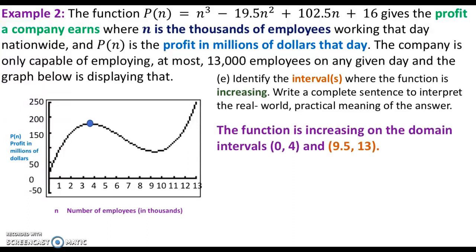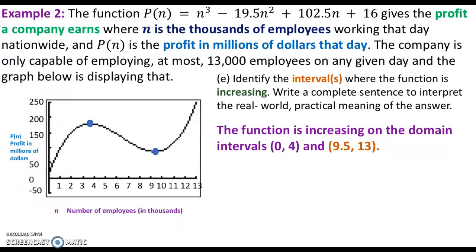And then on the interval from 9.5, right about here, 9.5-ish, to 13. On these intervals the curve is rising, therefore the function is increasing.